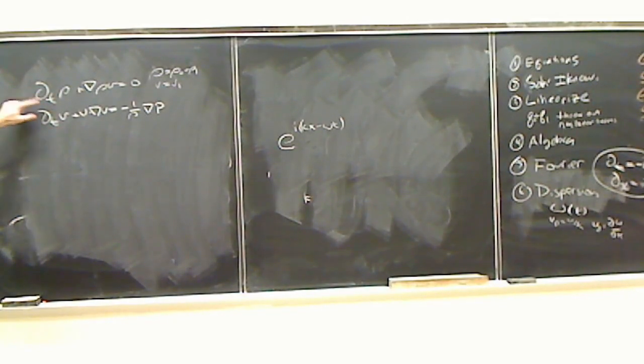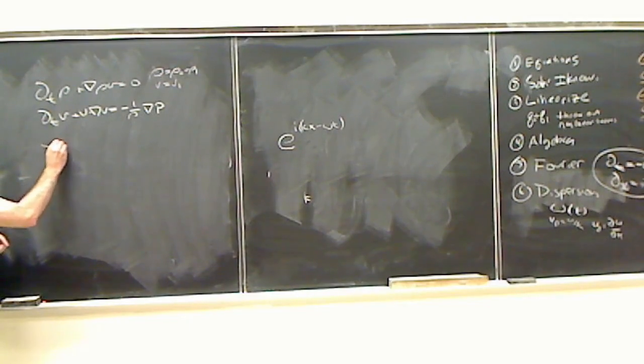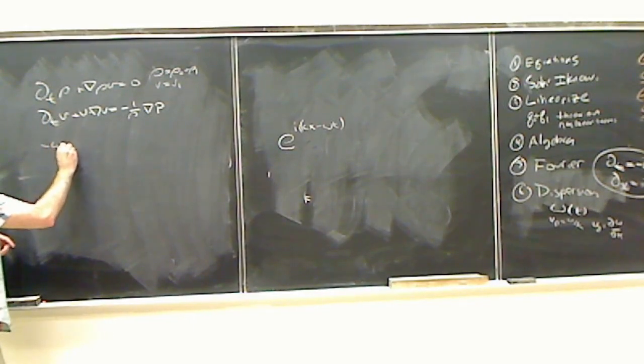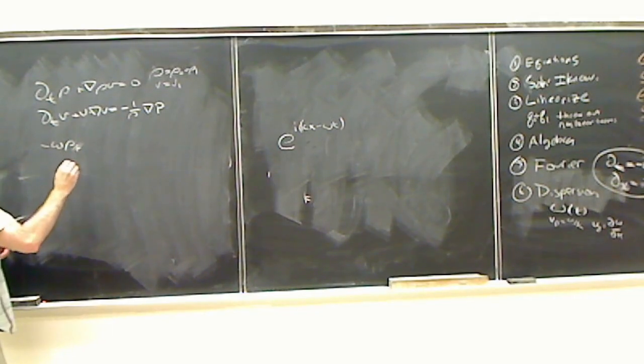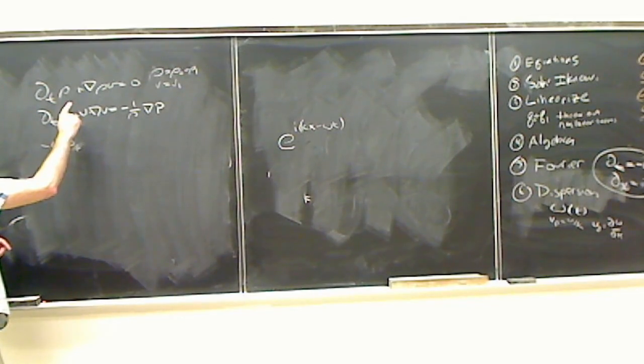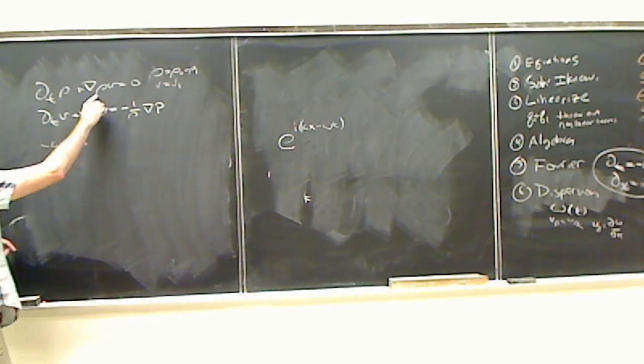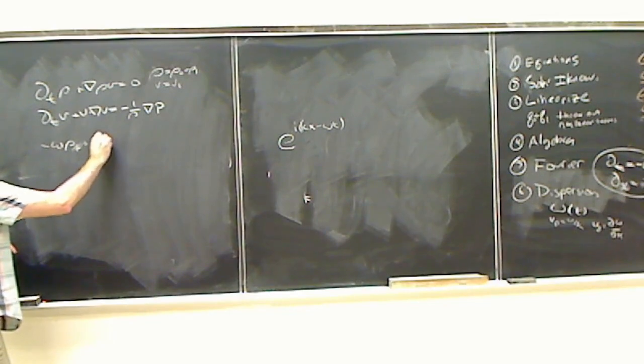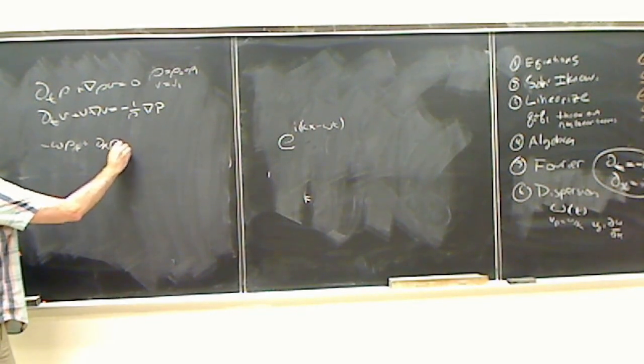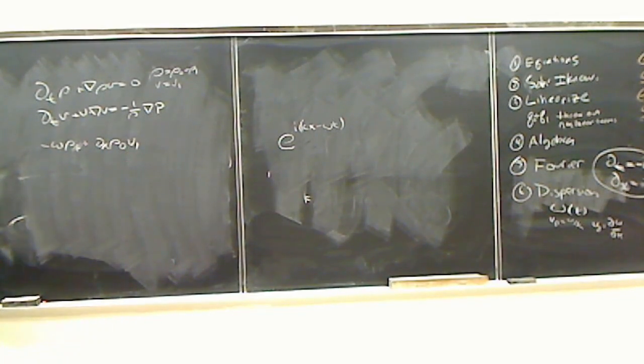So the d by dt turns into minus omega. This rho is going to turn into a rho 1, plus this is going to be just d by dx of rho naught v1. All the other terms go away because they're small.